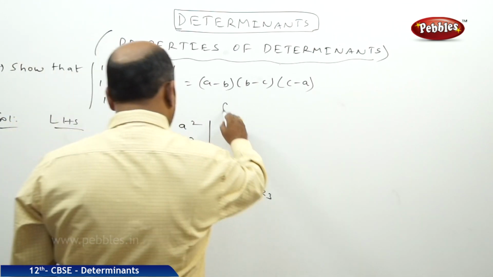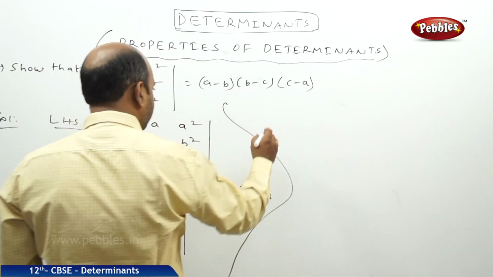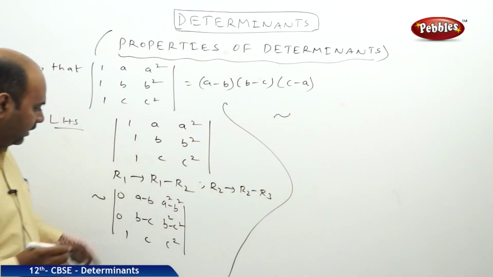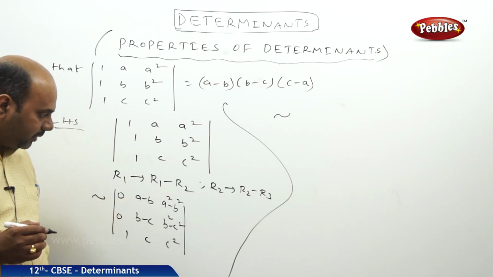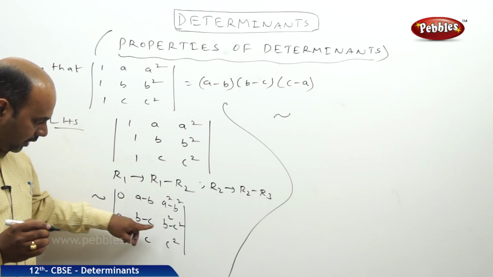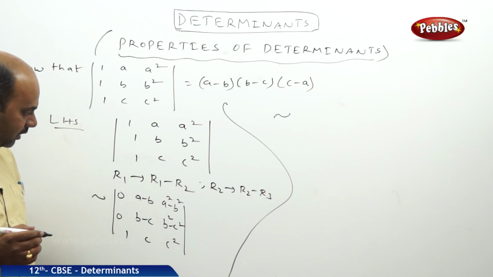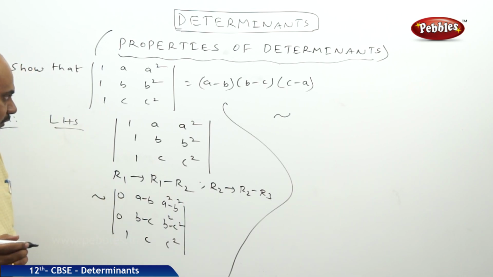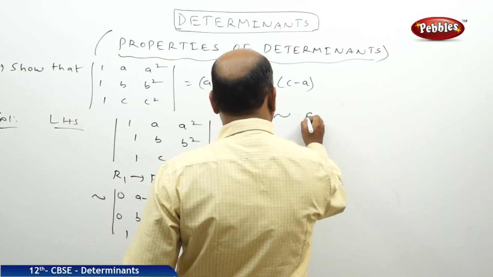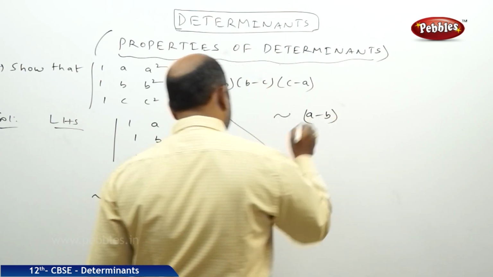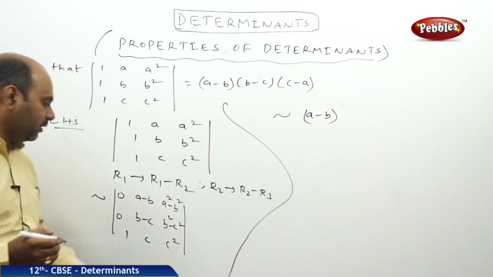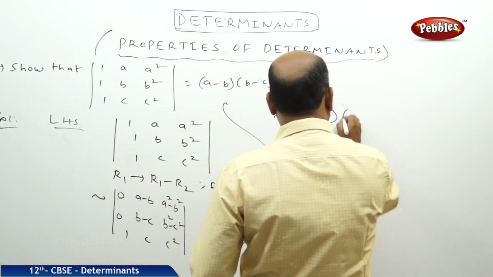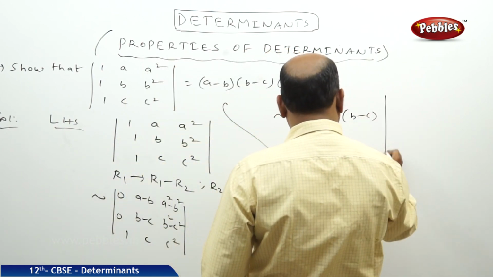Now if you observe carefully, a minus b, a square minus b square means (a minus b)(a plus b), and b square minus c square means (b minus c)(b plus c). So from the first row I can take a minus b common, and from the second row I can take b minus c common.